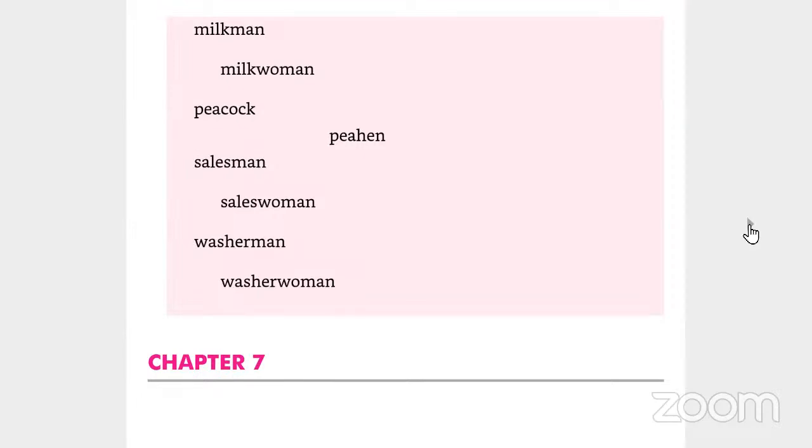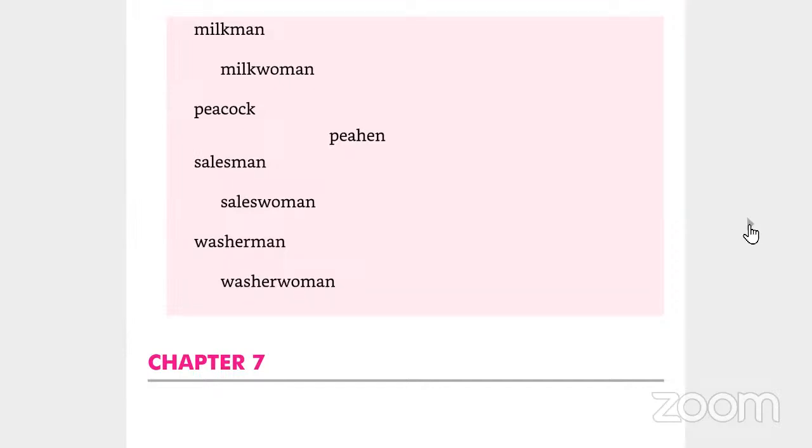Now what are we going to do after this? I'll be providing you a list of male and female genders of common nouns, or other forms of nouns. You try to remember that as soon as possible.